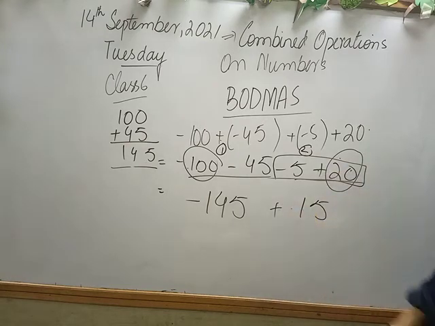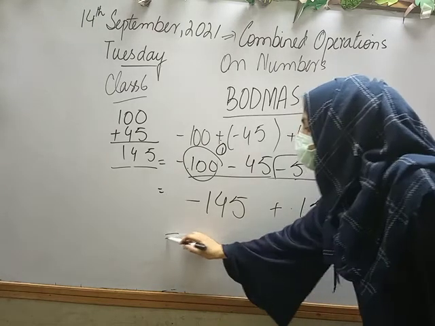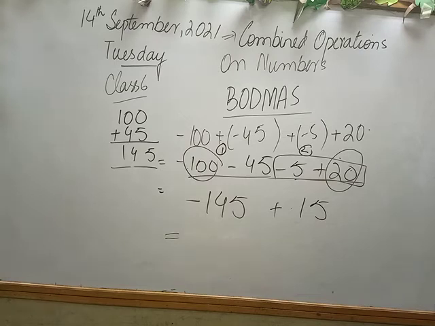I will write plus here. ठीक है? In the end, class, if you look, we still have unlike signs. So I will simply subtract, because as I told you, when we have two unlike signs, we will simply subtract. So 145 minus 15 we have. Now I am going to solve.